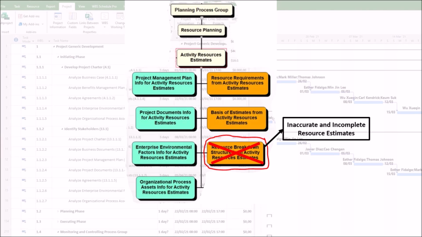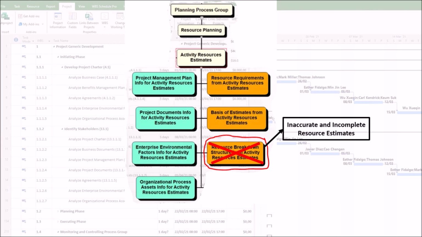A poorly structured resource breakdown structure might overlook entire categories of resources. For example, a resource breakdown structure for a software project that only lists developers and testers but forgets DevOps engineers for deployment or UX designers for final reviews. The estimate will be incomplete, leading to last-minute scrambling and budget overruns.